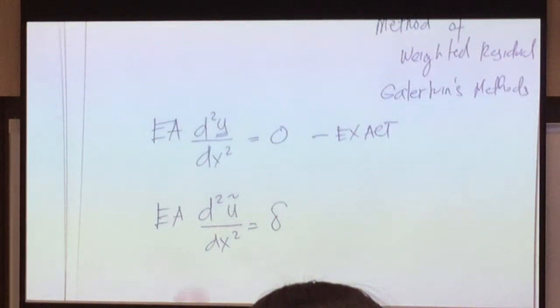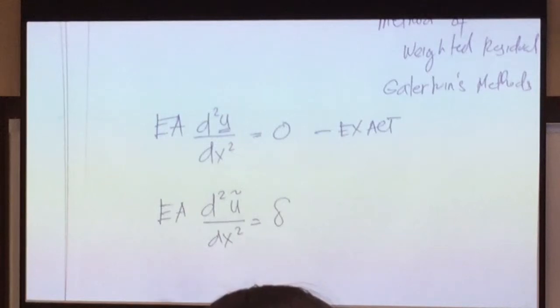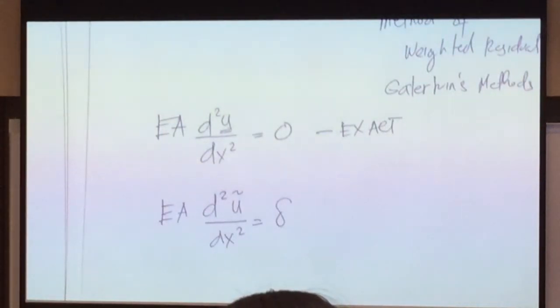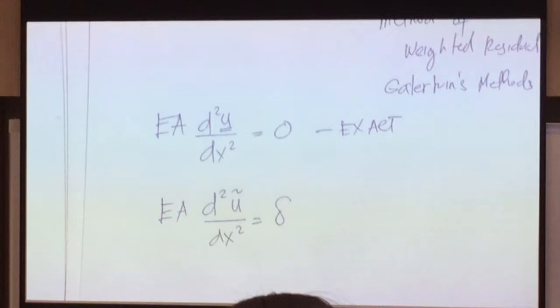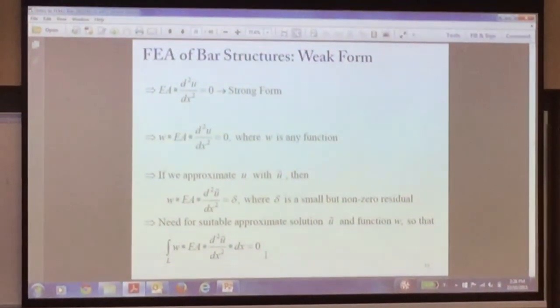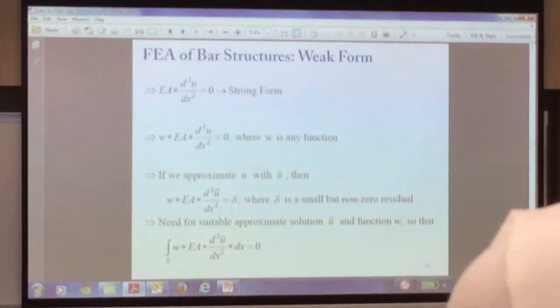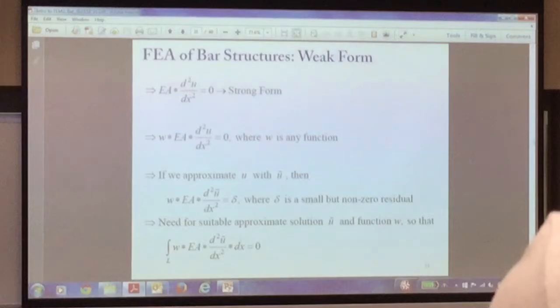You multiply this one here with a residual, that will be the weight, and then integrate, and that will equate to 0. So we multiply this one with a weight, integrate, then this will be equal to 0. So this is this method here. And then that value that you get is an approximate value of this one.